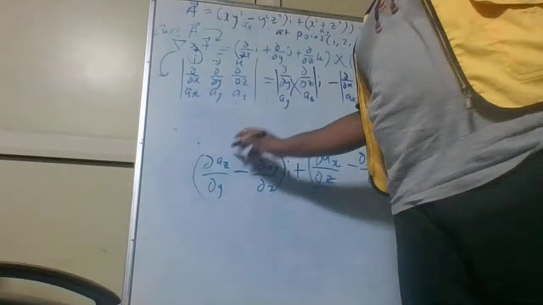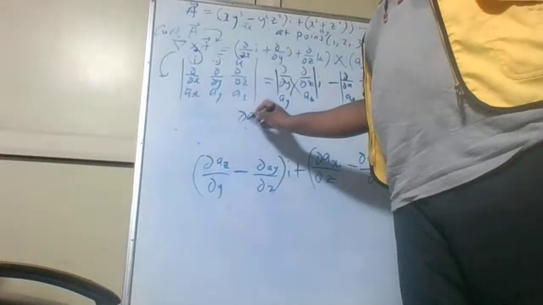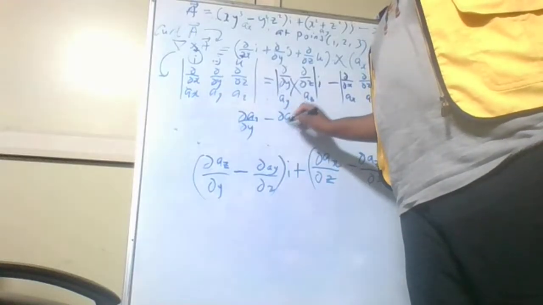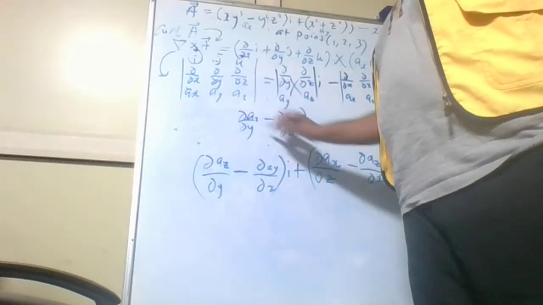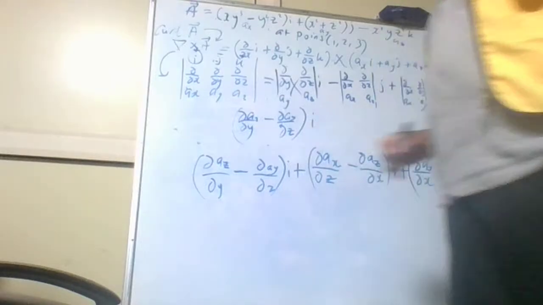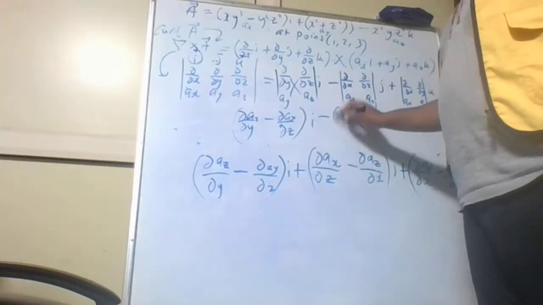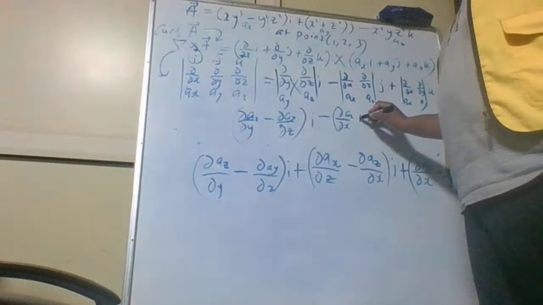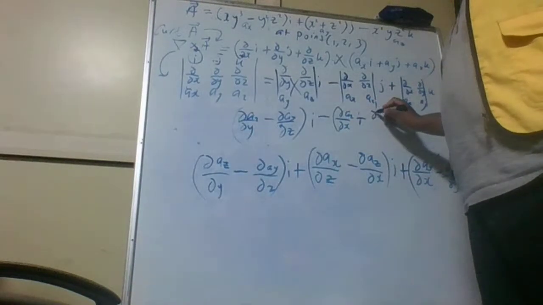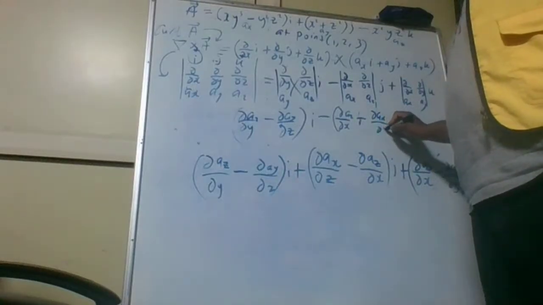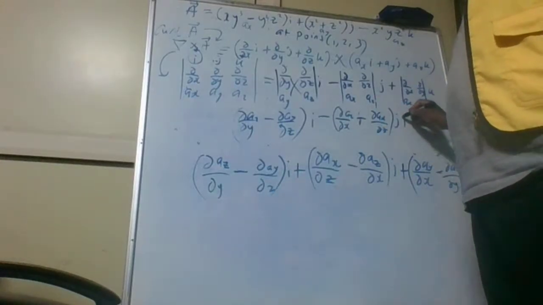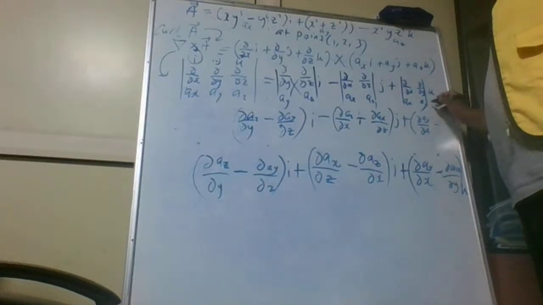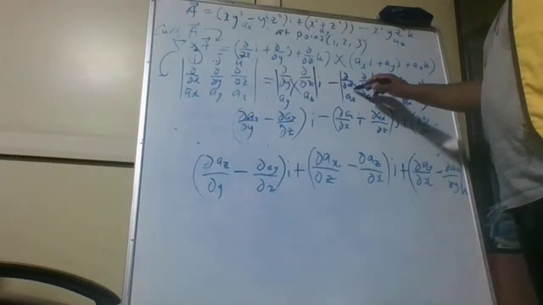This times this will give you partial AZ over partial Y minus partial AY over partial Z, I, minus partial AZ over partial X minus partial AX over partial Z, J, plus partial AY over partial X minus, remember this times this, then minus this times this.